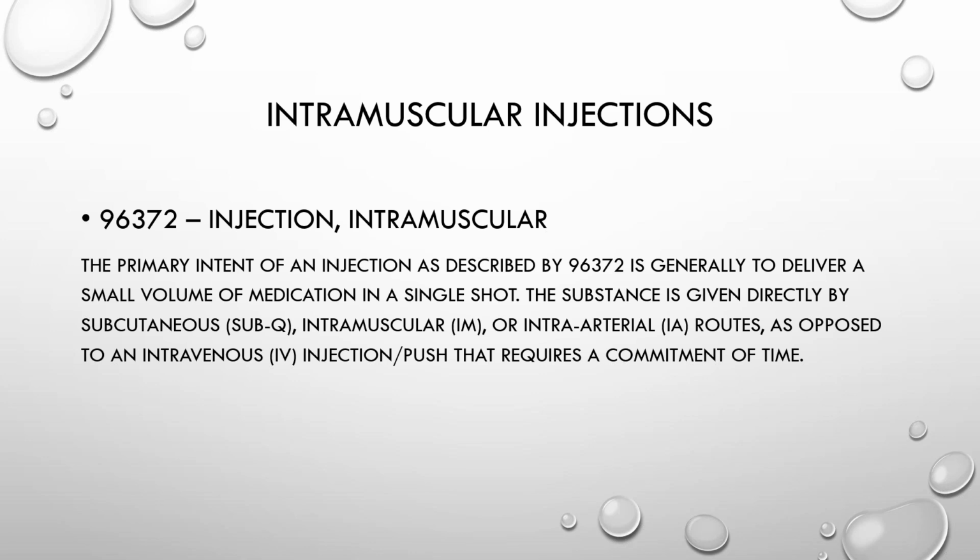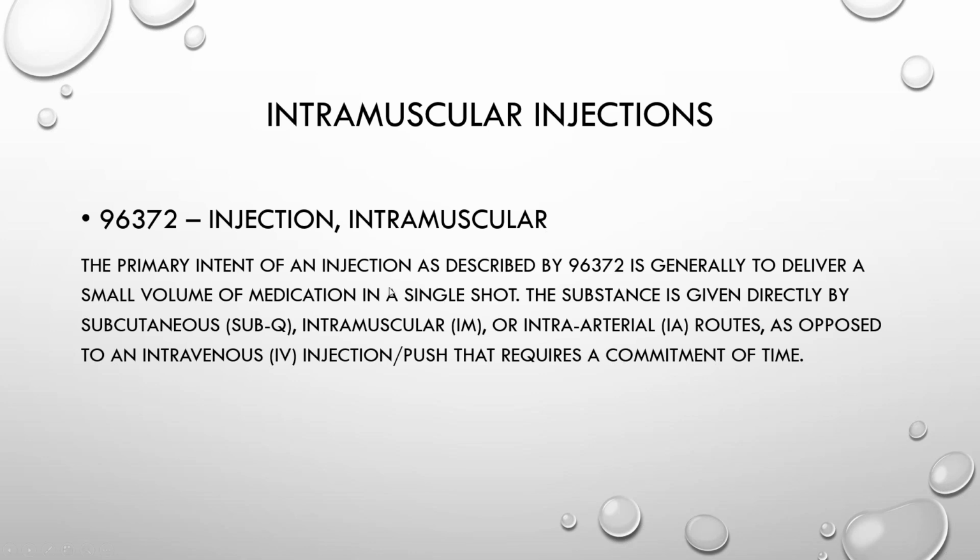And an intramuscular injection is an injection that will deliver a small volume of medication in a single shot. So the substance is given directly by either subcutaneous, intramuscular, or intra-arterial routes, as opposed to an IV push that requires a commitment of time.